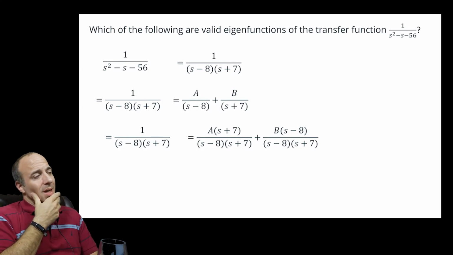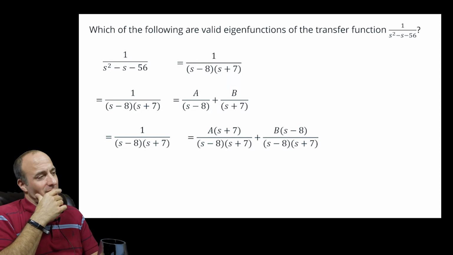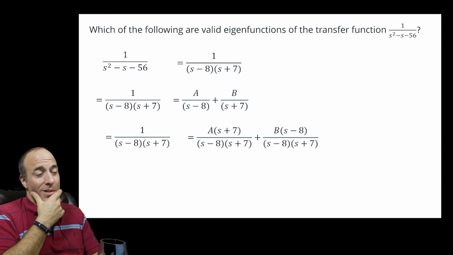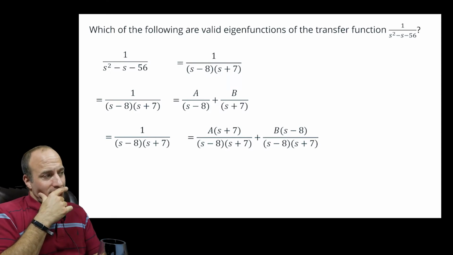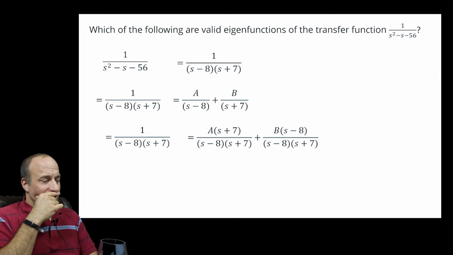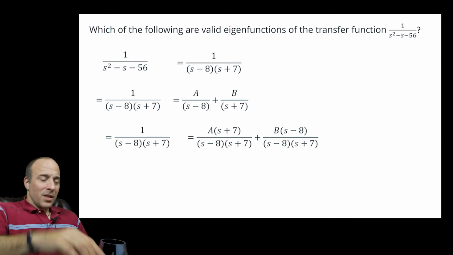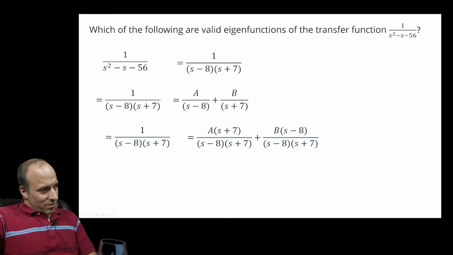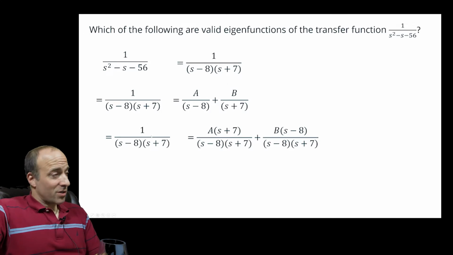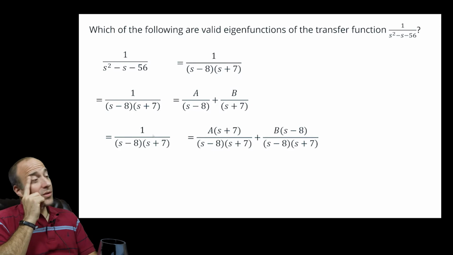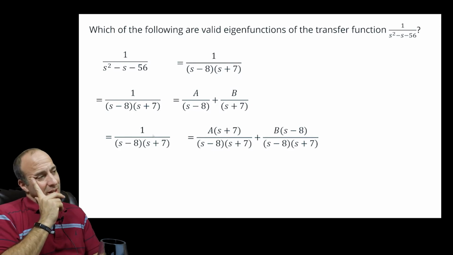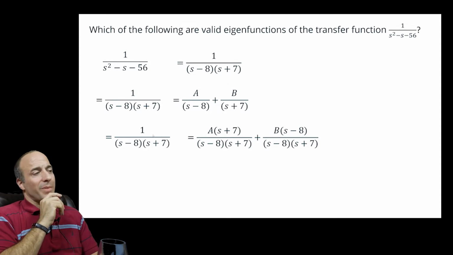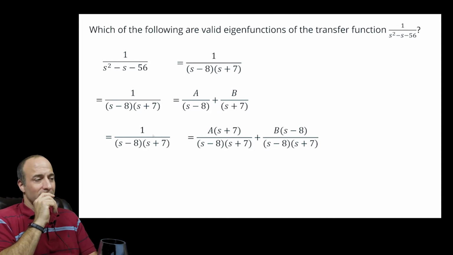Little bit of a problem here because we have two unknowns and one equation. But we can use this trick that doesn't always work. But in this case, I think it will. So we take the original expression, 1 over s minus 8 times s plus 7, and set it equal to the split version, a over s minus 8 plus b over s plus 7.